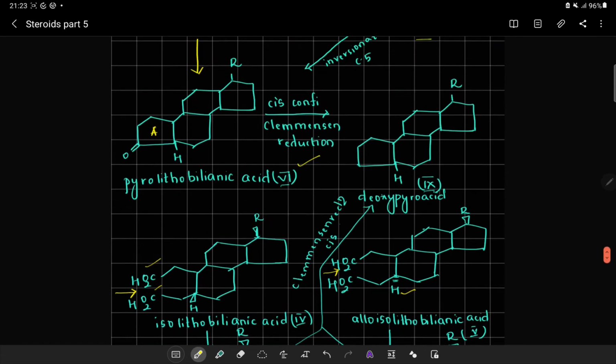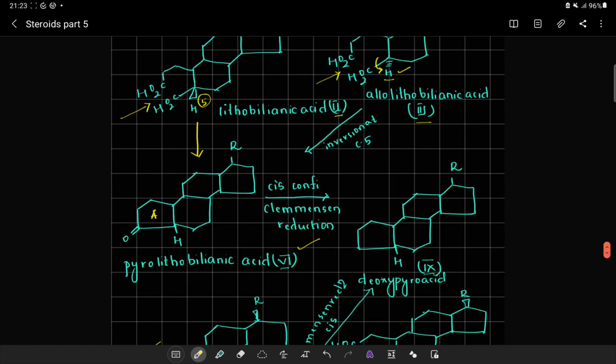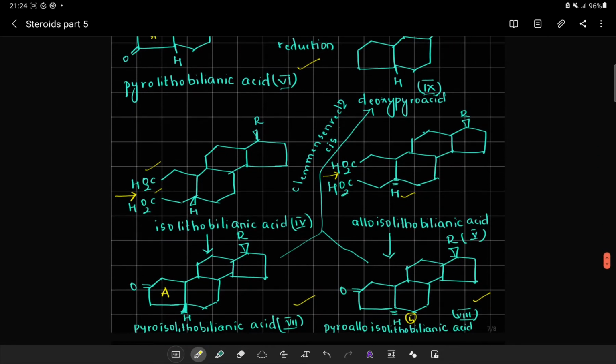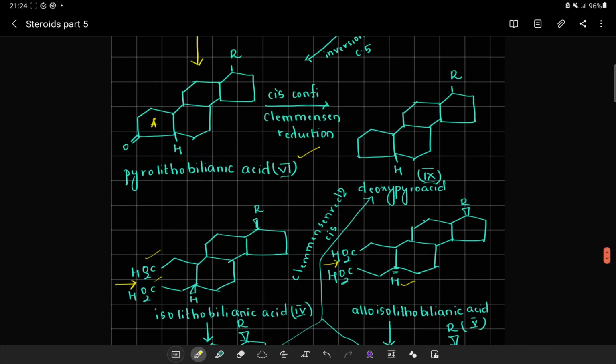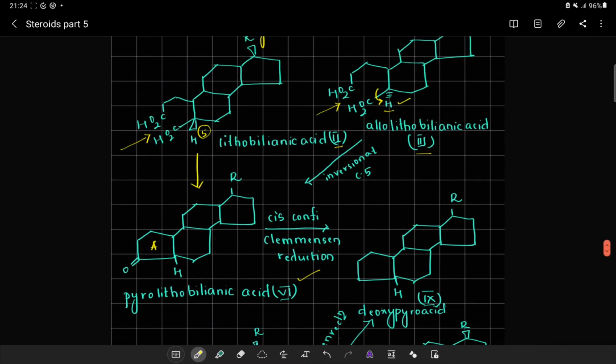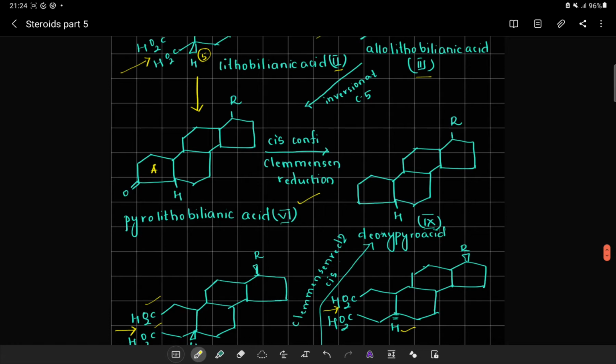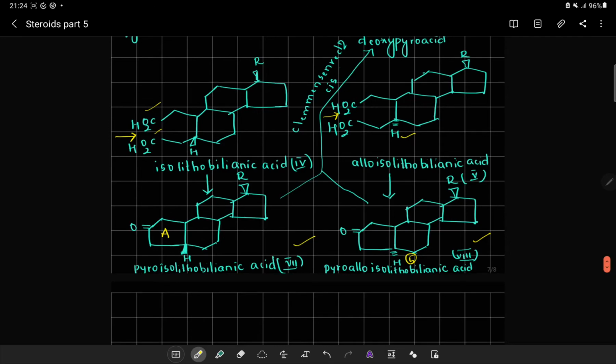When all the four acids, that is lithobilianic acid, allolithobilianic acid, isolithobilianic acid and alloisolithobilianic acid, were used, compound 2 and 3 gave pyrolithobilianic acid because of the inversion at C5, whereas compound number 4 and 5 gave pyroisolithobilianic acid and pyroalloisolithobilianic acid because there was no inversion at C5.